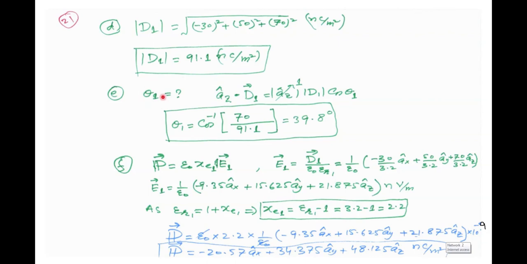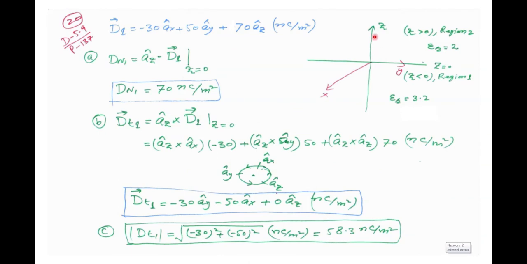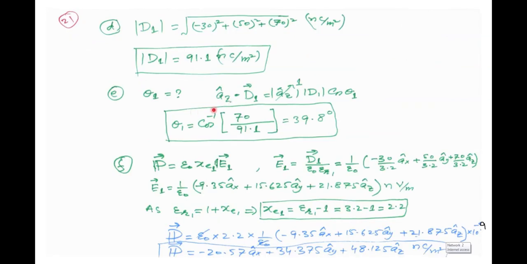Now we are going to define theta 1. This is the angle between the D1 field and the unit normal. As I told you, in this case the unit normal is directed along the z-axis, which is the AZ unit vector. So that is to define the projection of D1 in the direction of the AZ unit vector.